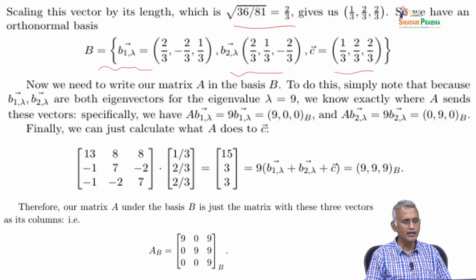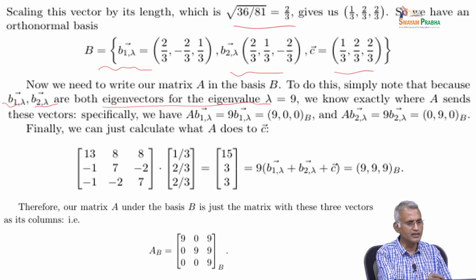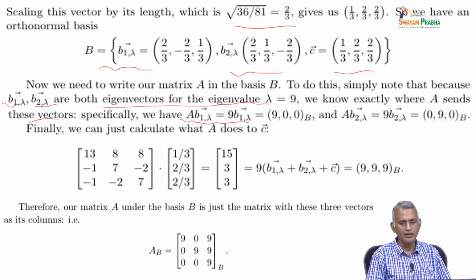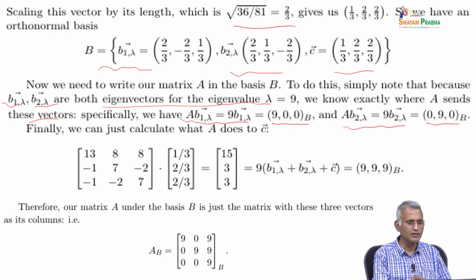Now, we need to write our matrix A in this basis. To do so, note that because B1 lambda and B2 lambda are both eigenvectors with eigenvalue lambda equal to 9, we know exactly where A sends these vectors. Specifically, A B1 lambda equals 9 B1 lambda, which gives the basis vector 9, 0, 0. Similarly, A B2 lambda equals 9 B2 lambda, which gives another basis vector.